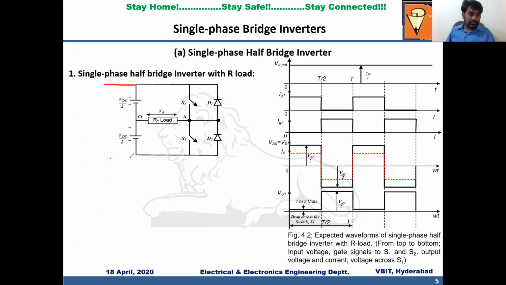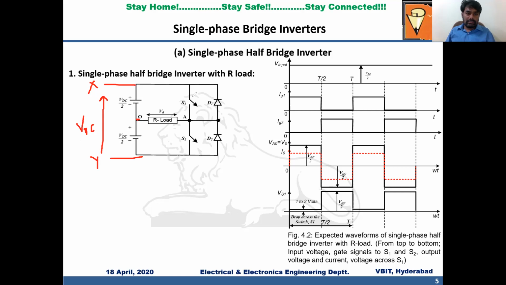If you consider the X and Y terminals and measure the voltage between terminal X and terminal Y, you will find the voltage as VDC. So we are applying VDC across the terminals X and Y. Now this is split into two, VDC by 2 and VDC by 2 here, because we need the center tapped connection for the load.